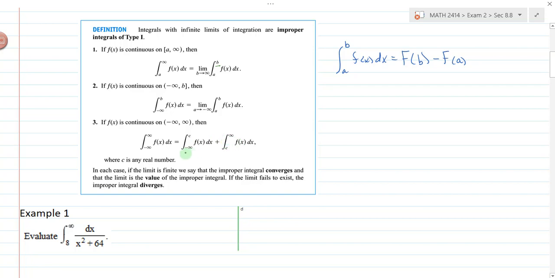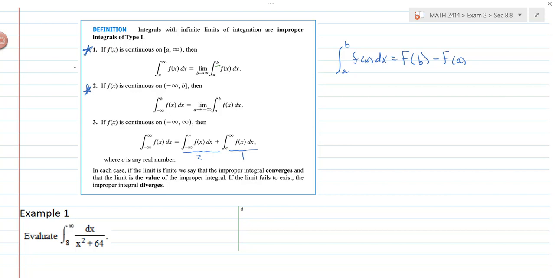And then for this one, we could use form 2 that we had right here to evaluate the limit, and for this one we could use the first form to evaluate this integral. So if you have bounds going from negative infinity to infinity, you just break it into two improper integrals, and then you're going to use either 1 or 2 to evaluate. This will make more sense as we look at an example problem.